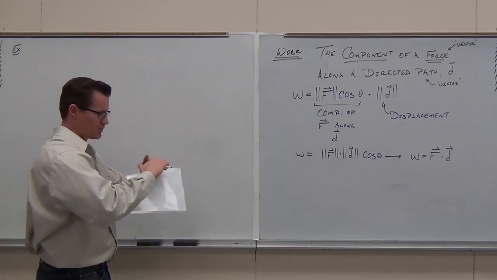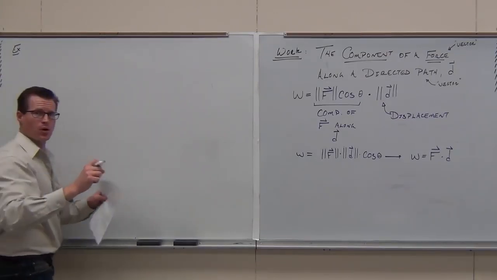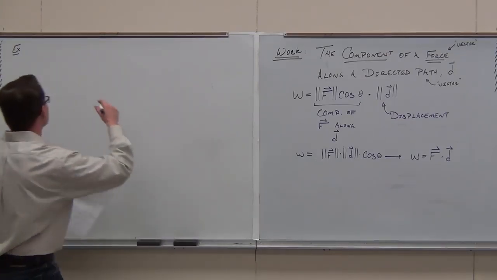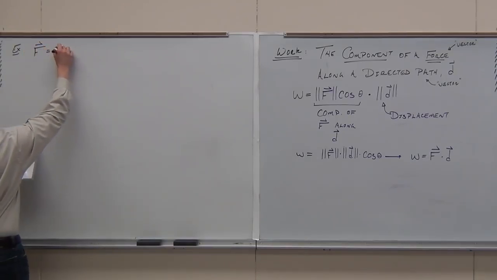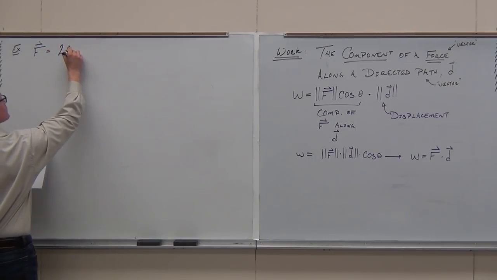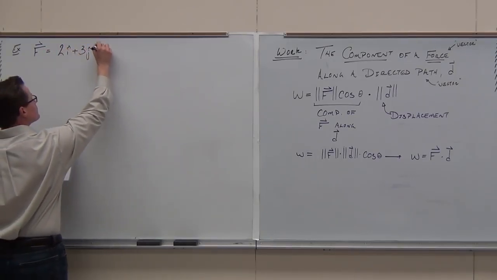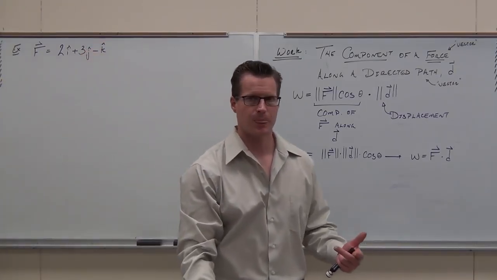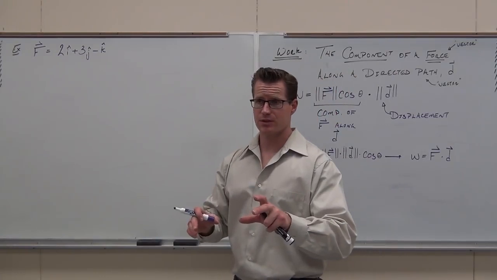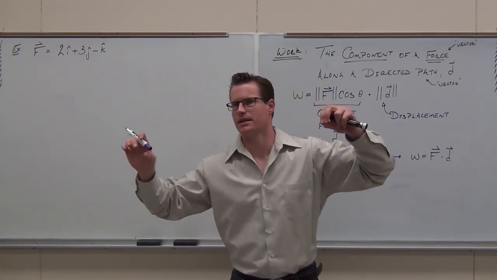Okay, so first example. Here's what's going on. I got a force vector, so I'm pulling along this vector. I'm pulling along that vector. And what happens is I have this little runner, like a track.